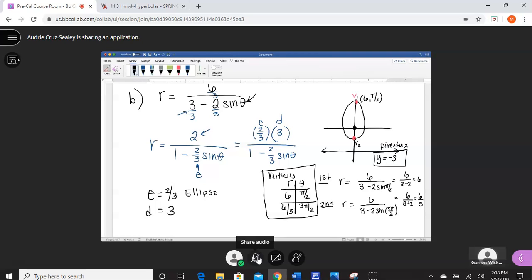Between the two vertices. Yeah, I agree. Between the two vertices. So then what point, I'm going to do a different color. Let's do orange. What point, pretend that's in the center, is between the two vertices? How are we going to figure that out?